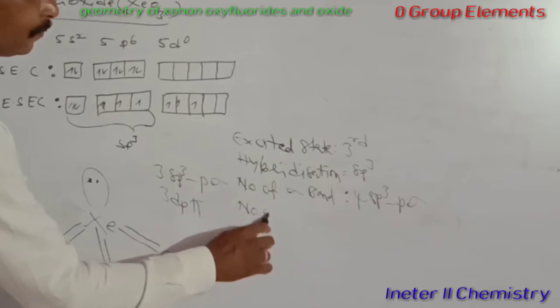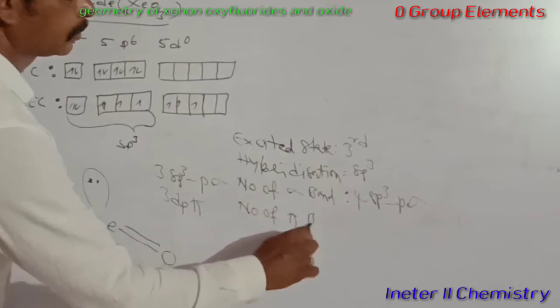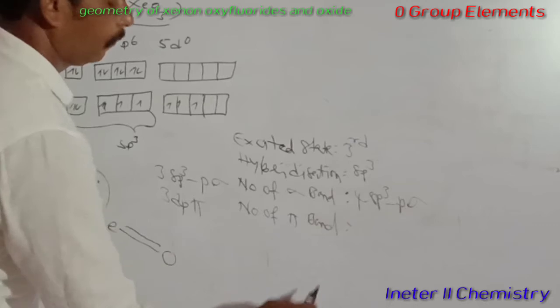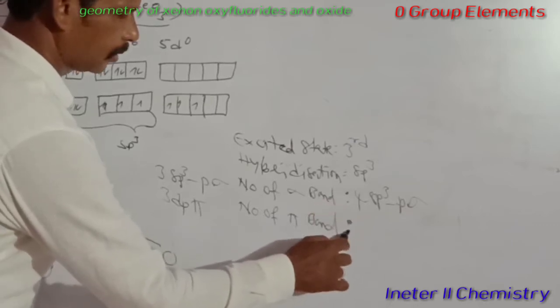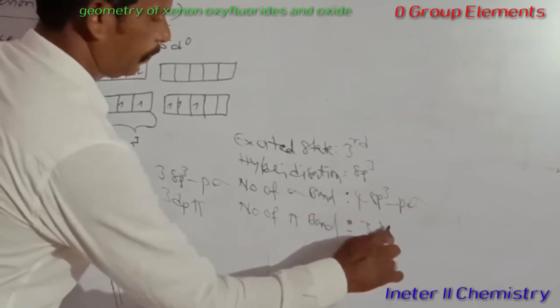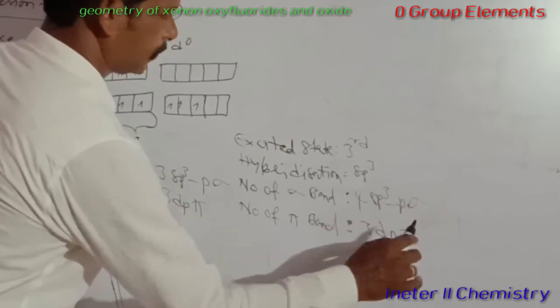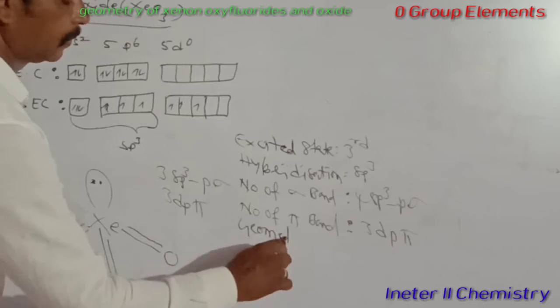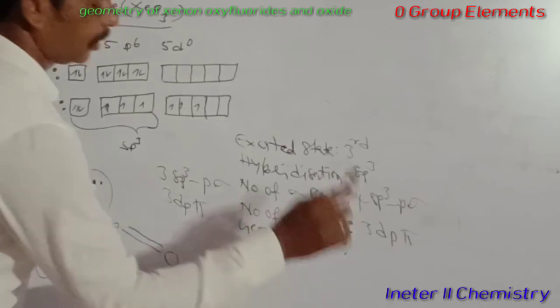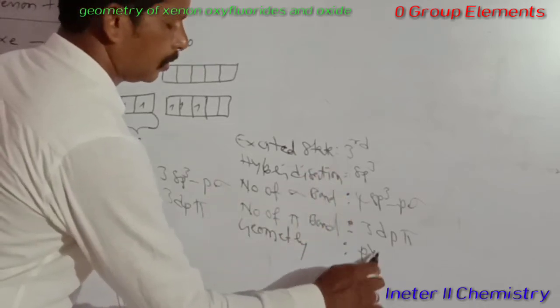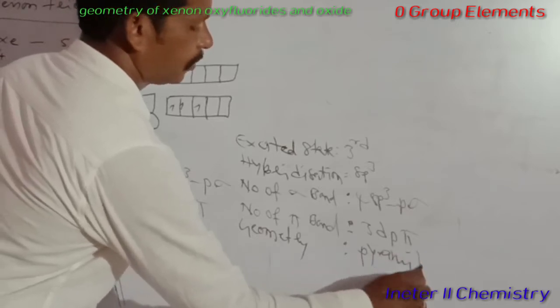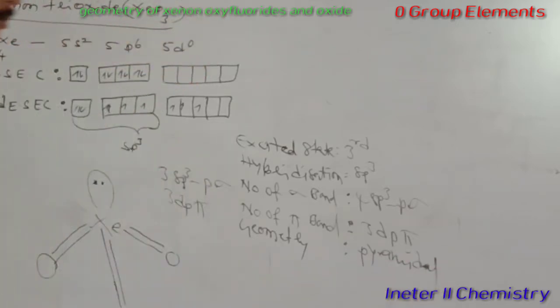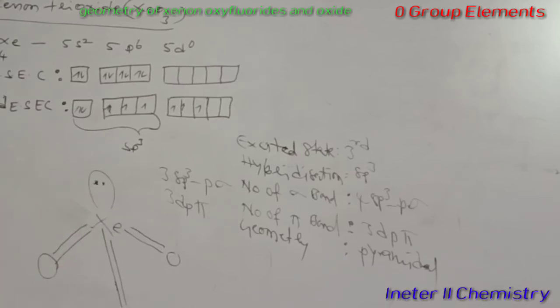Number of pi bonds, only 3 dp pi bonds. The geometry of the molecule is pyramidal geometry. The bond angles we consider like that of ammonia only. Right, this is the geometry of xenon trioxide.